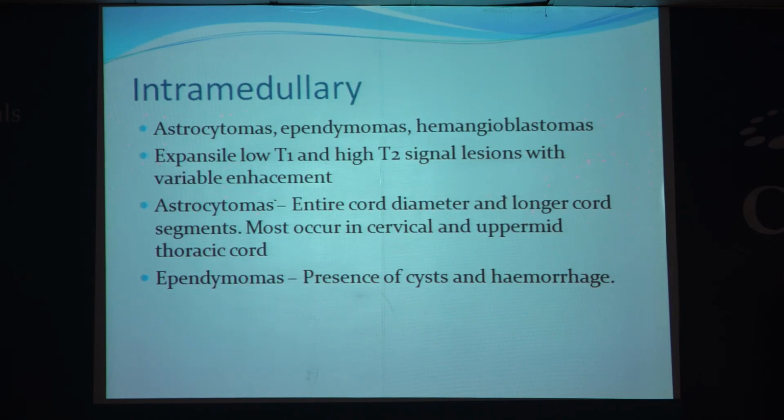Usually these will present as an expansile lesion because they are within the cord, they will expand the cord. There will be low T1, high T2 signal lesions with variable enhancement. Astrocytomas usually involve the entire cord diameter and longer cord segments, and mostly the cervical cord will be involved. Ependymomas usually have cysts or hemorrhage within them.